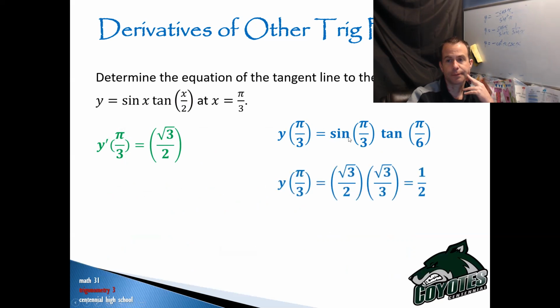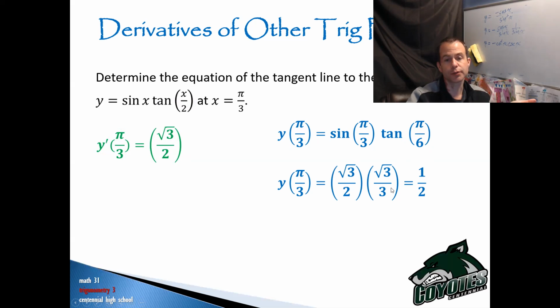And then that ends up giving me root 3 over 2 times root 3 over 3. And that actually simplifies to 3 over 6, which is 1/2. Okay, so now I know I'm going to build an equation that has a slope of root 3 over 2 and passes through the point pi over 3 comma 1/2.